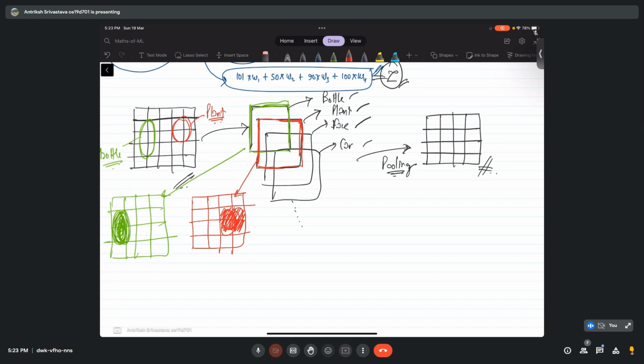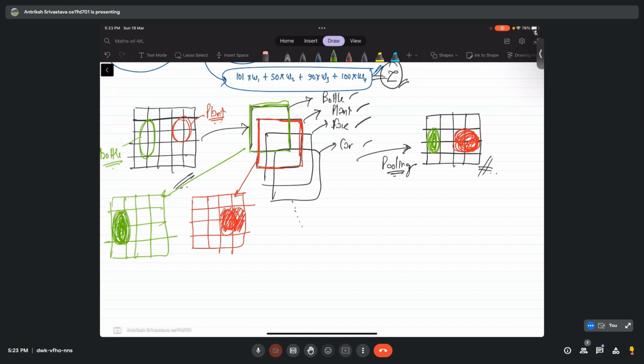In this new matrix or array, you will have these things telling that this one is associated to plant, and this one is associated to bottle.